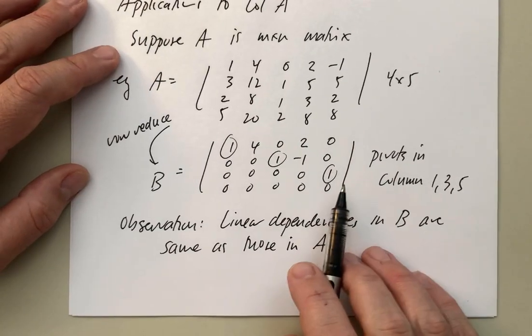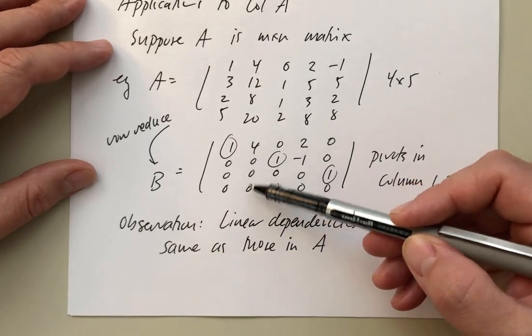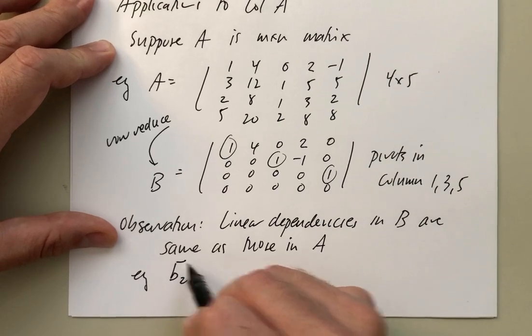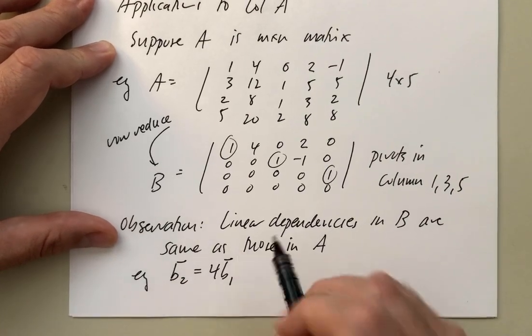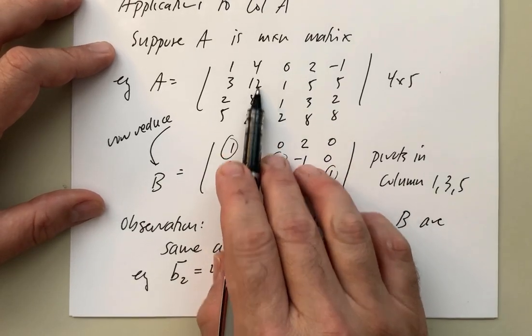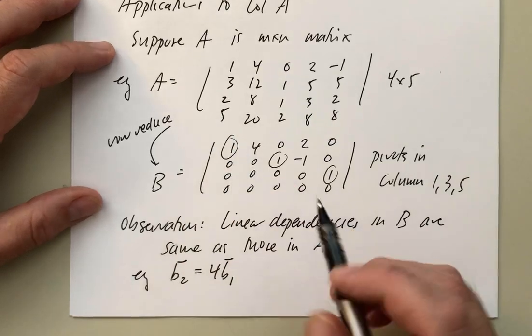Well, notice, for instance, just maybe an easy observation here is that this second column, B2, is just 4 times B1, right? That's clear. But look at that. That's the same thing that happened up here. The second column of A was also 4 times the first column.